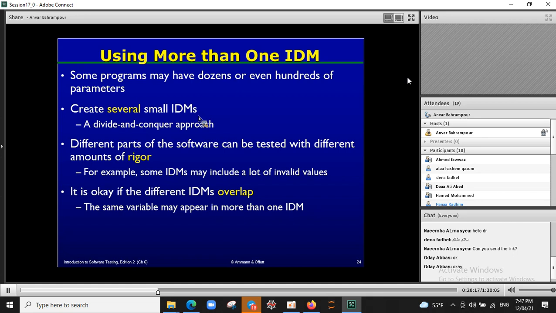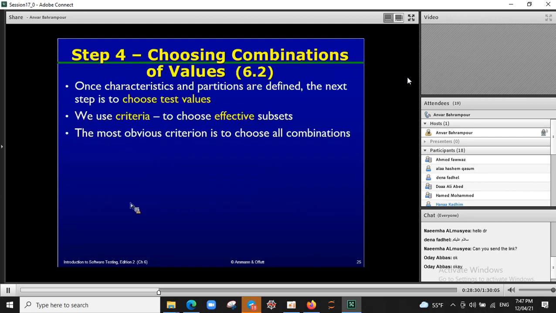So for every characteristic or every point of view, we can have an IDM separately, and different IDMs could be used to test any program. Let me go to the new concepts.